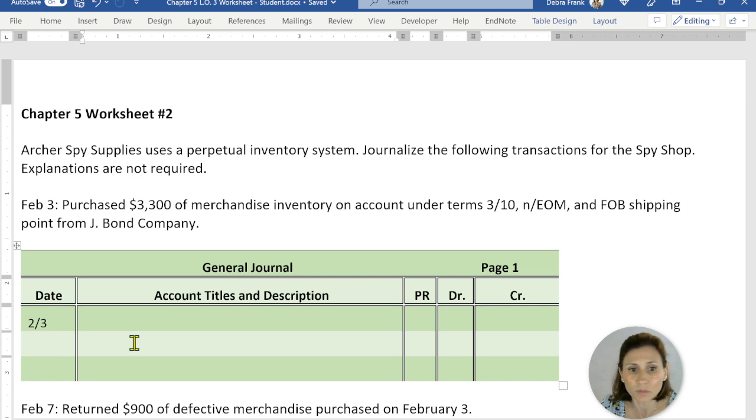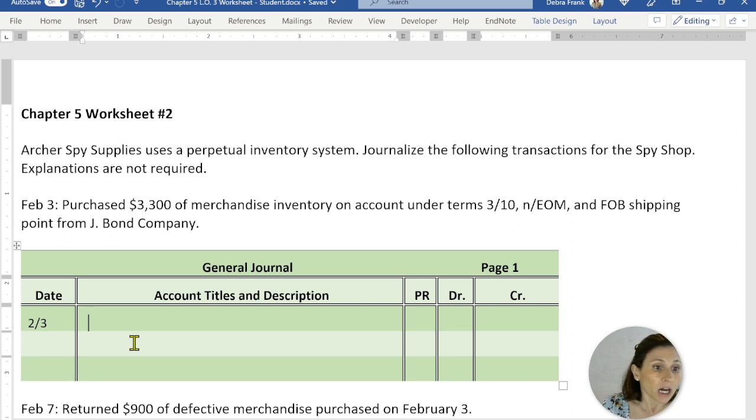So if we pay for this inventory within 10 days, we'll get a 3% discount. If not, it's due at the end of the month. That's the EOM, end of the month. So if we don't pay within the 10 days, you don't get that 3% discount, and the full amount is due at the end of the month.